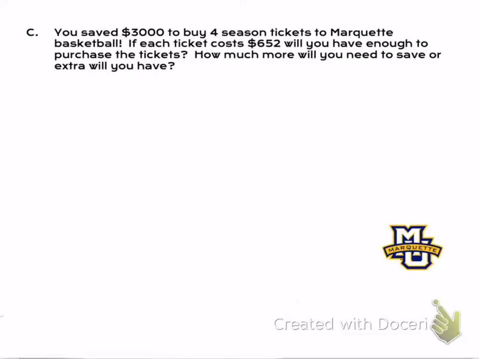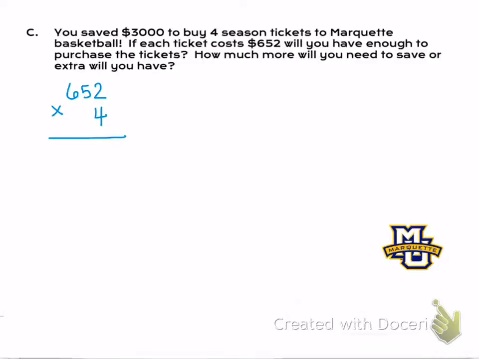If each ticket costs $652, will you have enough to purchase the tickets? How much more will you need to save or extra will you have? Okay, please pause the video and solve the problem. Remember, you're solving the problem and writing a sentence as your answer. See you back in a couple minutes.